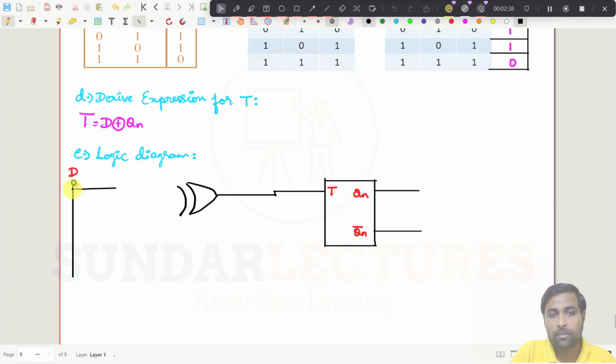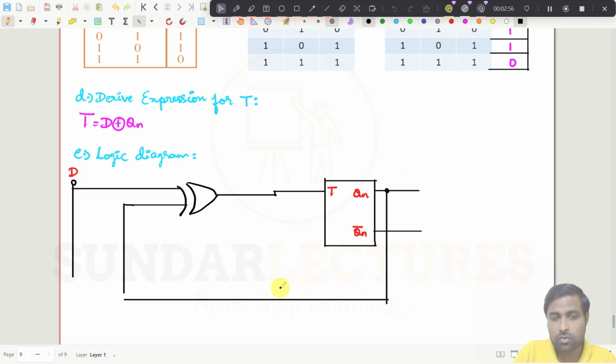So one input is from D, that we know, and the other input is connected to this point, simply here. So you can just connect these two. So this is D and this is Qn. So this is actually D XOR of Qn. That's all. So we have just made this one.